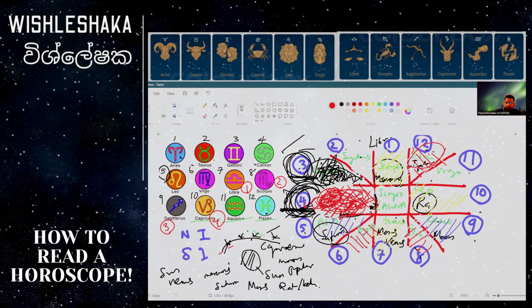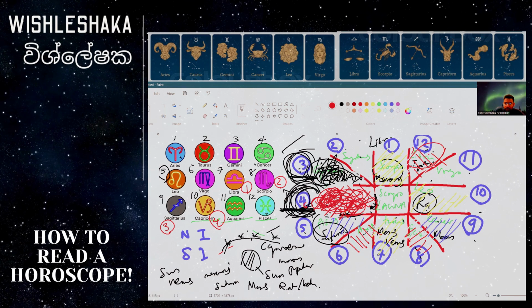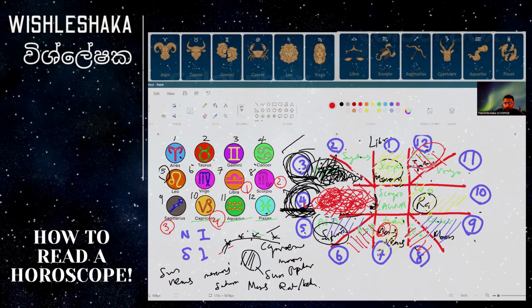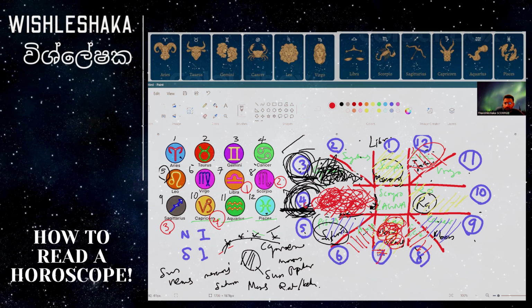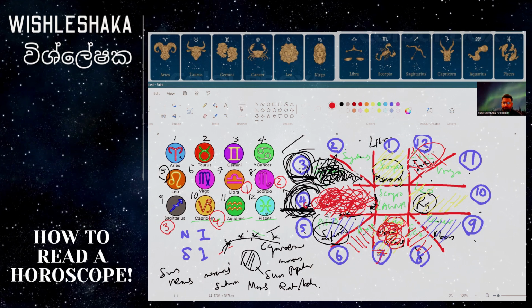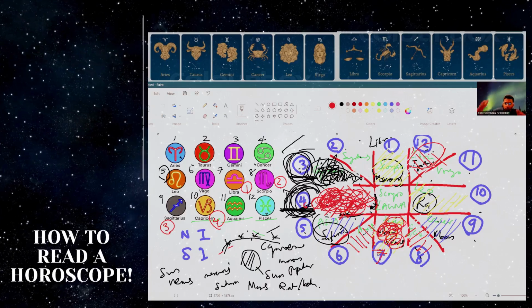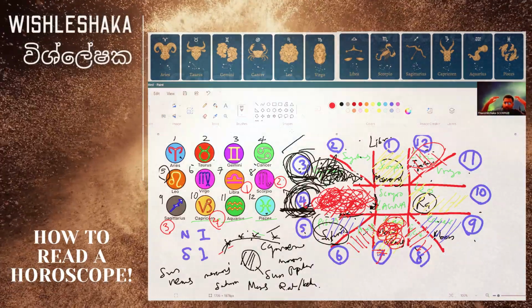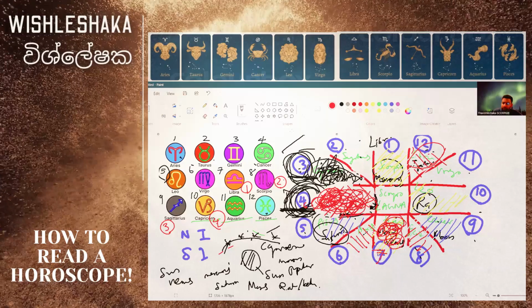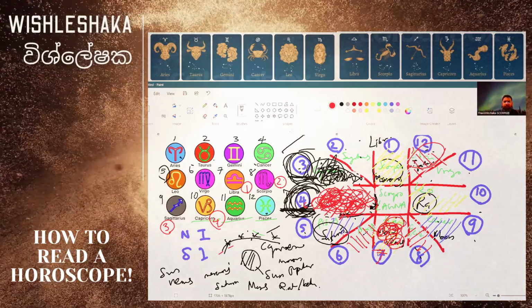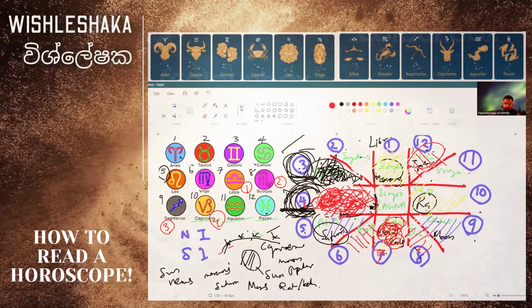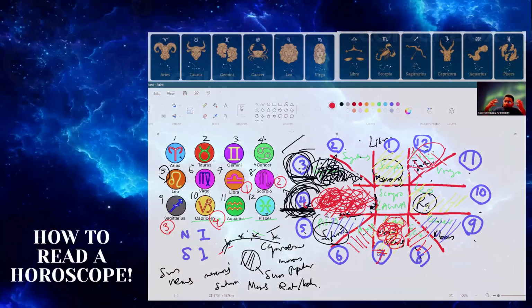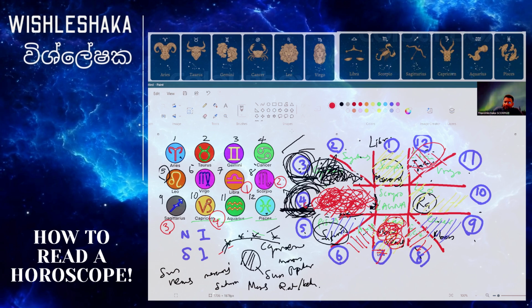For example, the 7th house is about partner. You see the 7th house here. So if you have so many planets in the 7th house, your whole life will be your partner. Because that person, karmically, was born to focus on their partner.